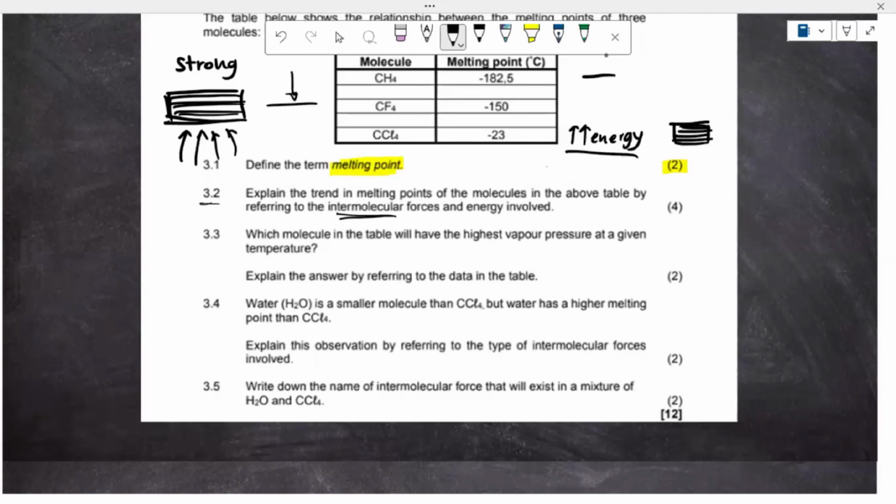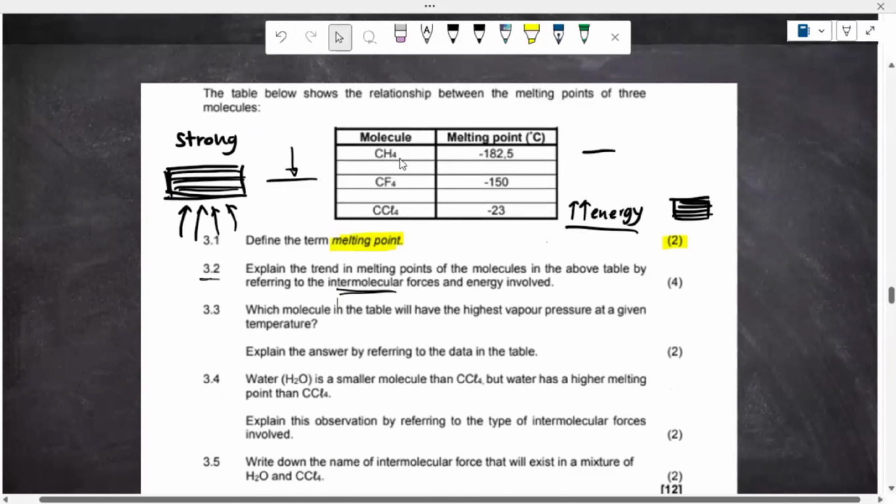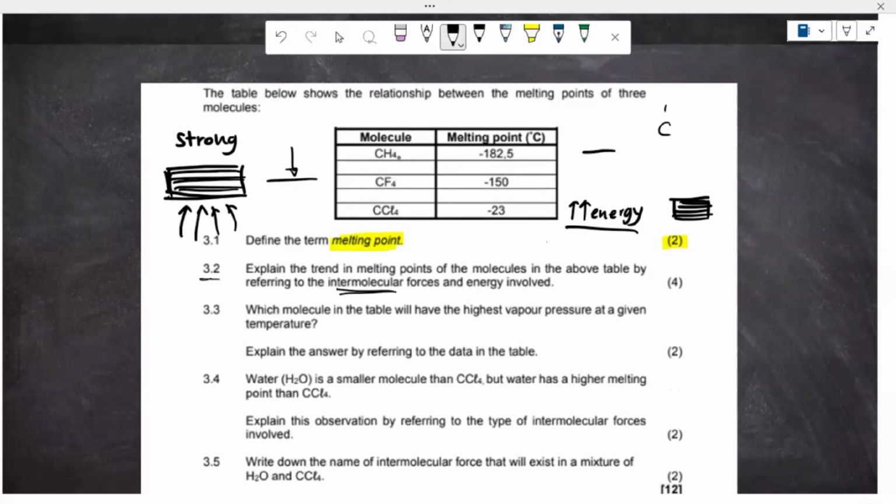You now need to think of the structure of each of them. So I'll draw one out for you. Carbon, or methane, looks something like this. So now you need to figure out, okay, what is the shape of this? Would this be polar? Would this be non-polar? How does this affect the intermolecular forces that are happening between each of our methane molecules? So someone tell me, would this be a polar or a non-polar molecule?